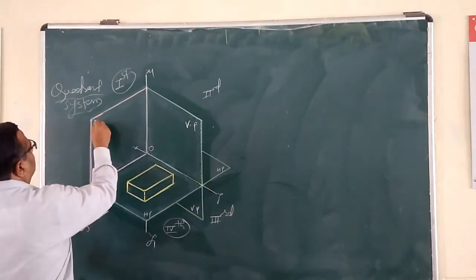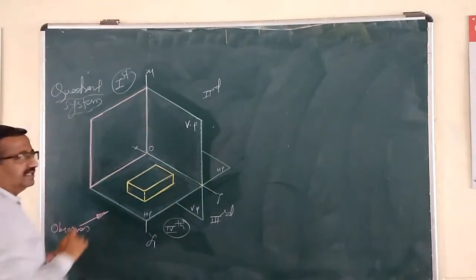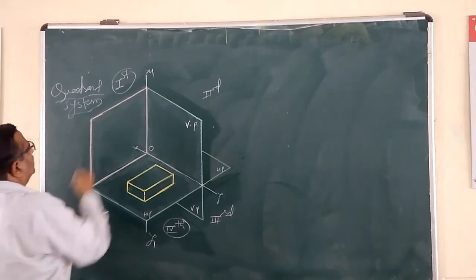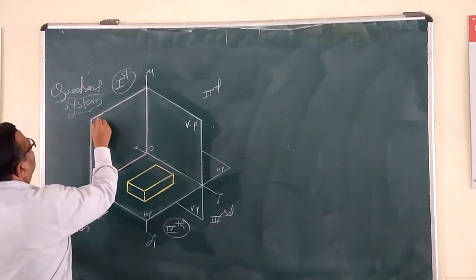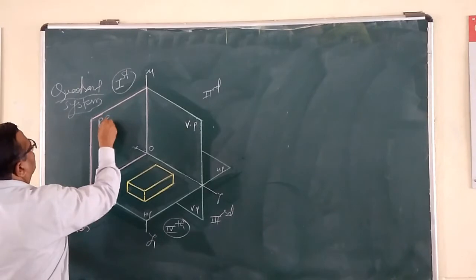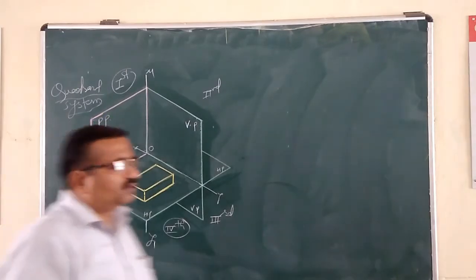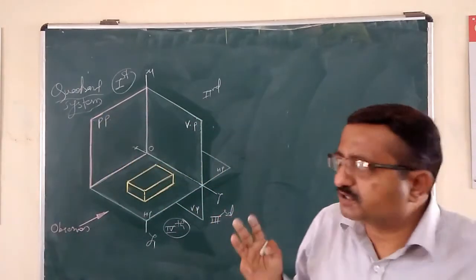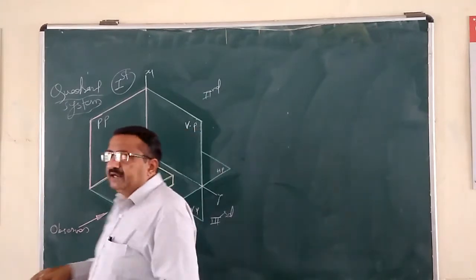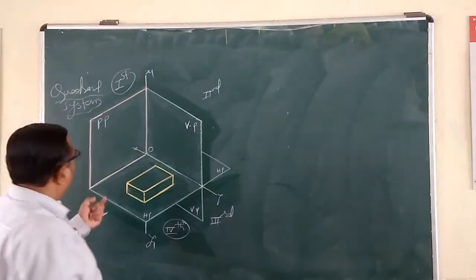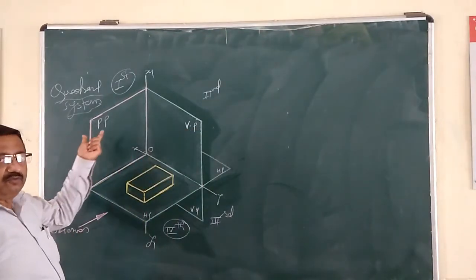This one is also. This pink plane is called profile plane. So three principal planes of projections: vertical plane, horizontal plane, and profile plane.